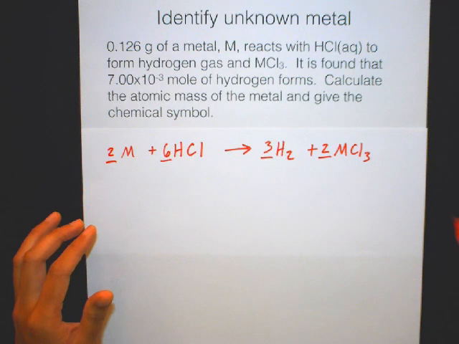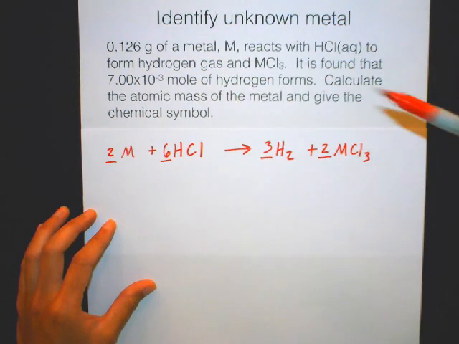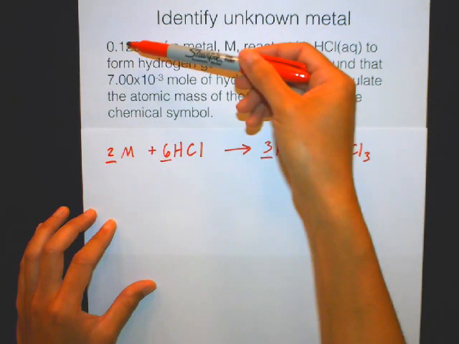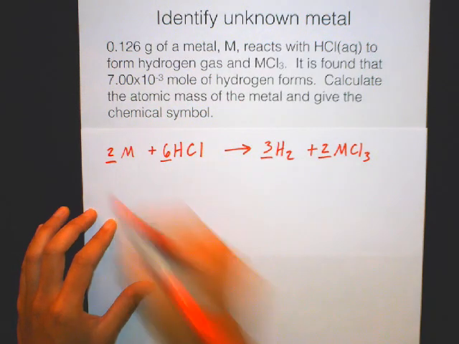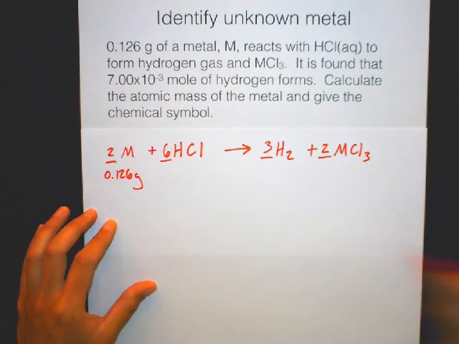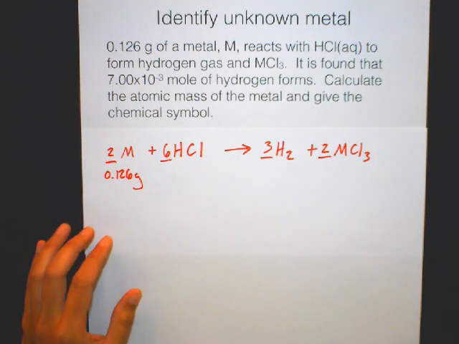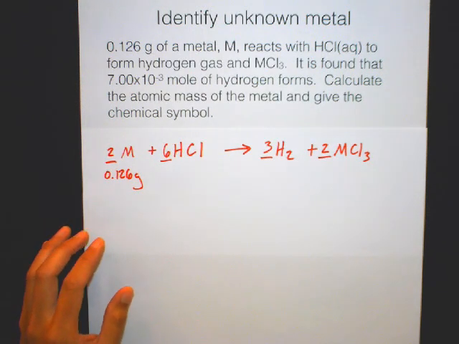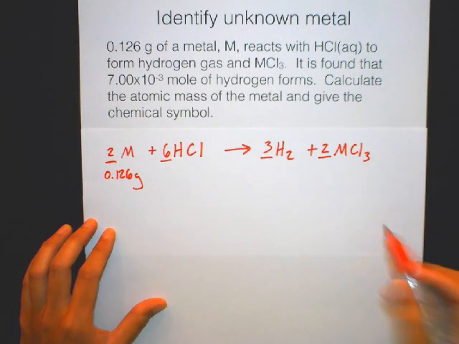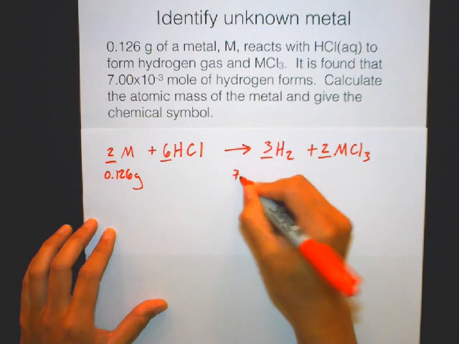That's nice. And then you can also start pulling out the important information from the word problem. So it tells us 0.126 grams of metal M, so you can label that here. All right, and then it also tells us that we have 7.00 times 10 to the negative 3 moles of hydrogen, which is here.